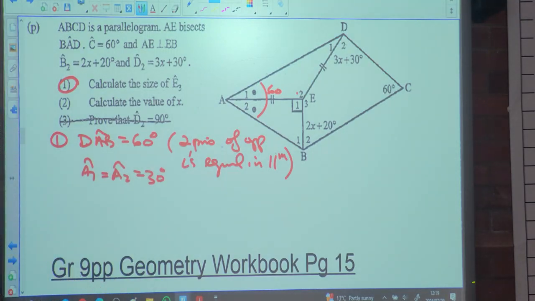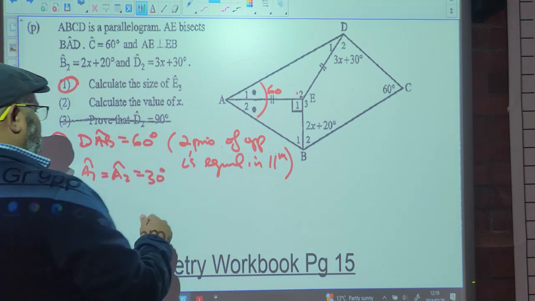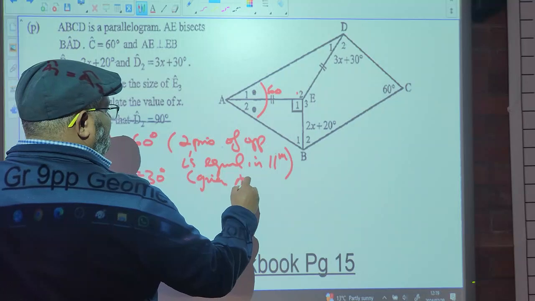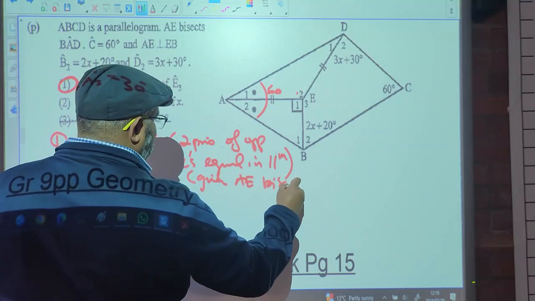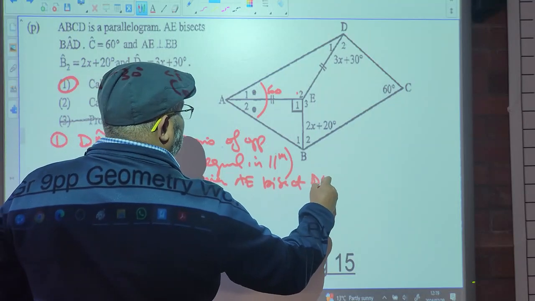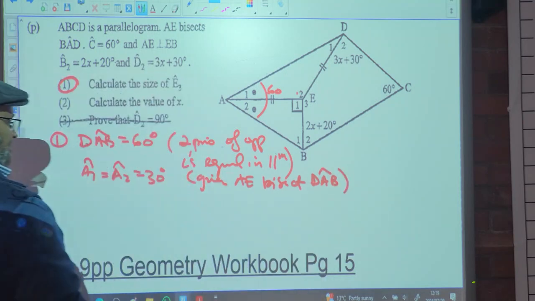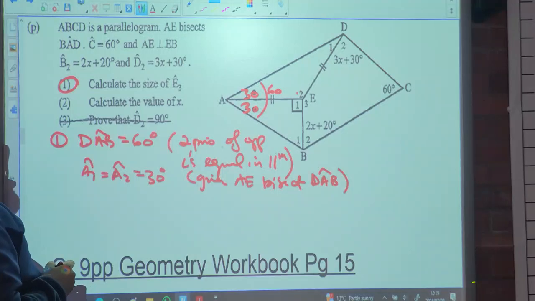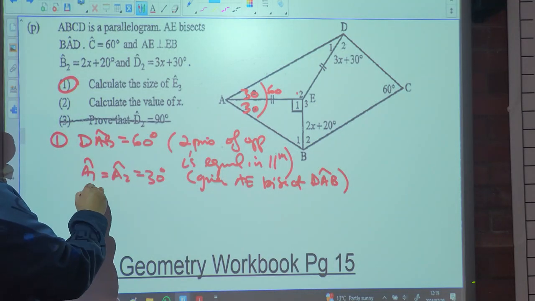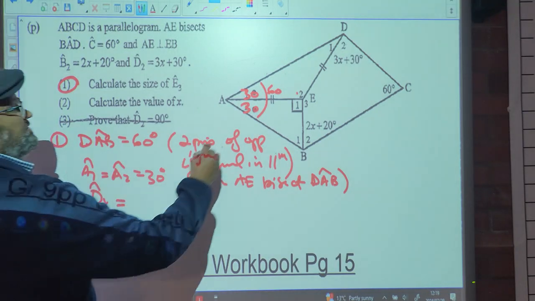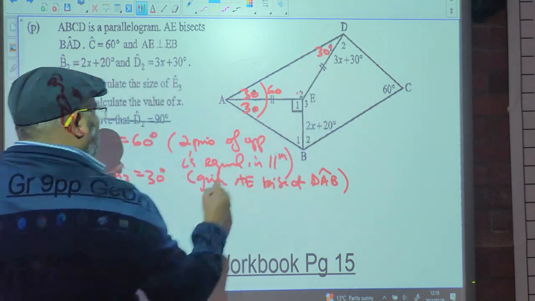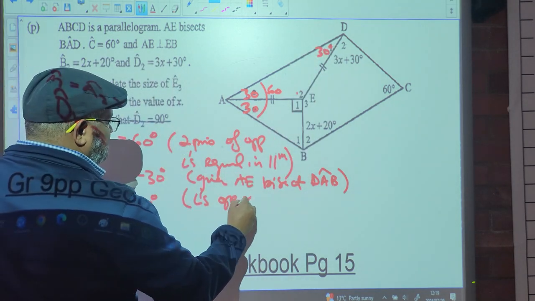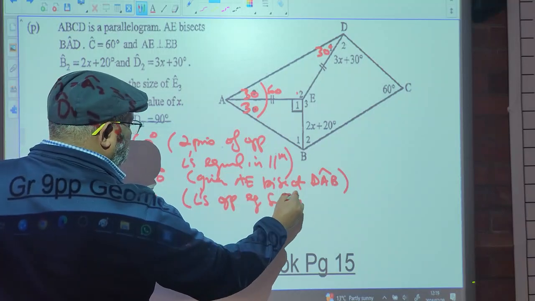Why? It's given that AE bisects angle DAB. Then we say that D1 is equal to 30 degrees. Why? Angles opposite equal sides.